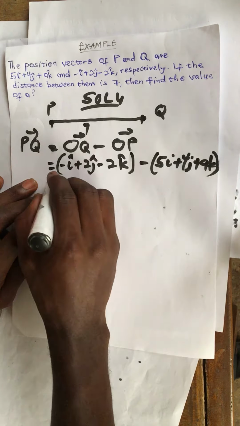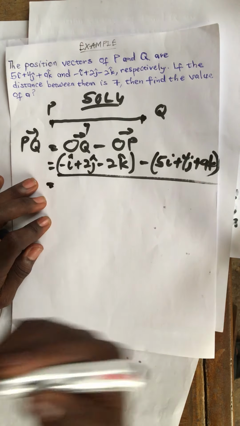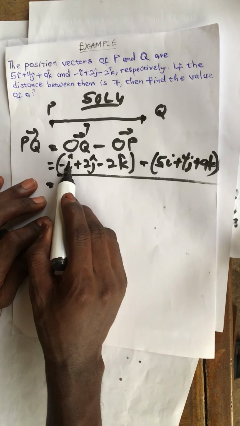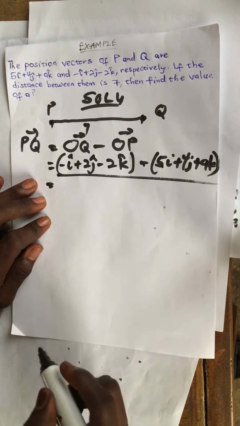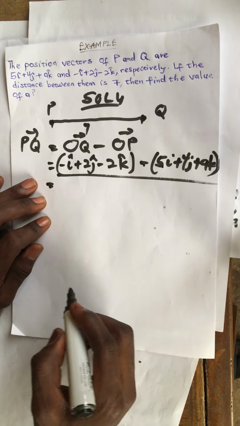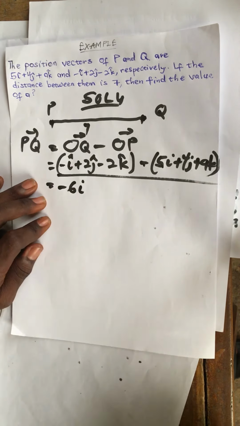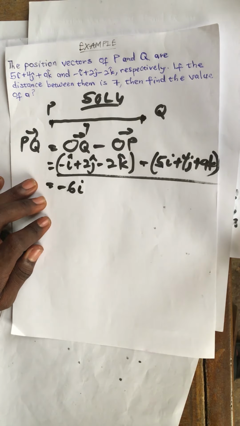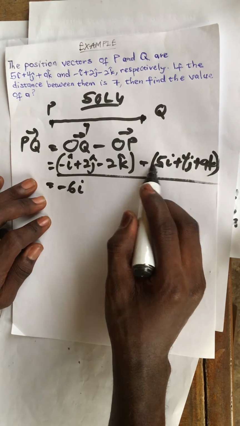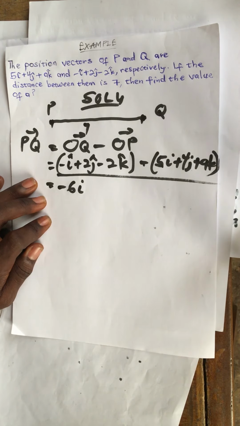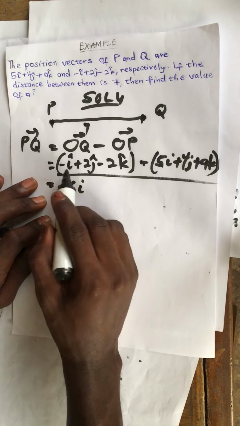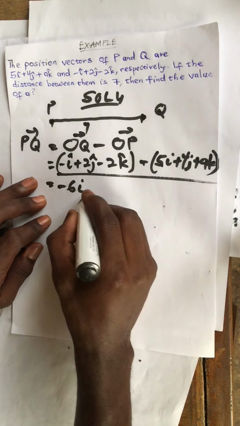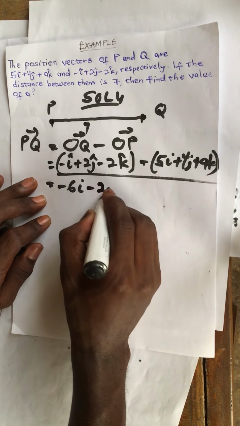So let's simplify this. Let's group like terms. We have -i and then -5i, which when added gives us -6i. Then I have 2j here and then -4j, because the negative is affecting all of the numbers in the brackets. So 2 - 4 gives us -2j.